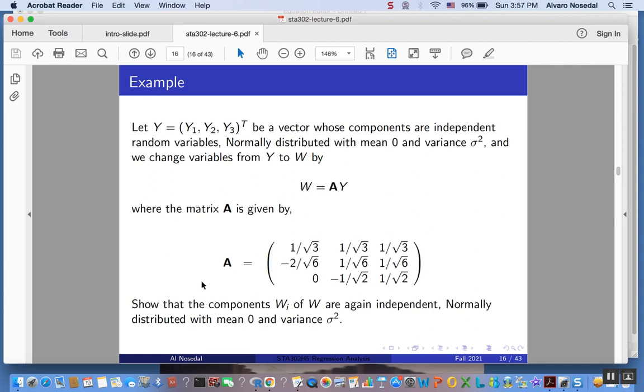and what we want to do is show that the components are independent, normally distributed, with mean 0 and variance sigma square. So if we want to apply the orthogonality theorem, all we have to do is show that A is an orthogonal matrix, right?